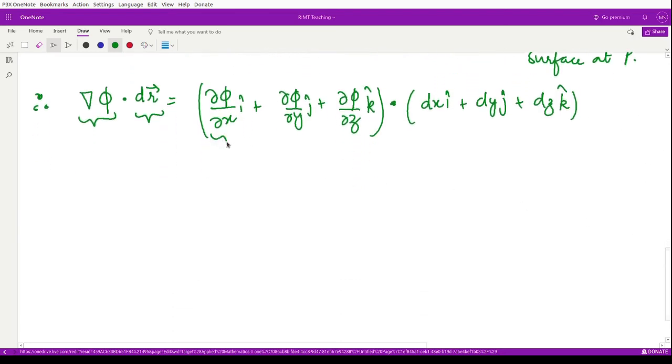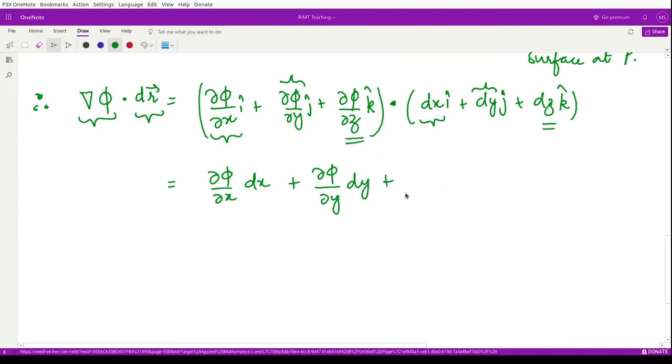You multiply the component of i with the component of i here. So this becomes del phi by del x into dx plus, you multiply the component of j, so you have del phi by del y into dy, and then similarly for the third case you multiply these two. So you have del phi by del z into dz.